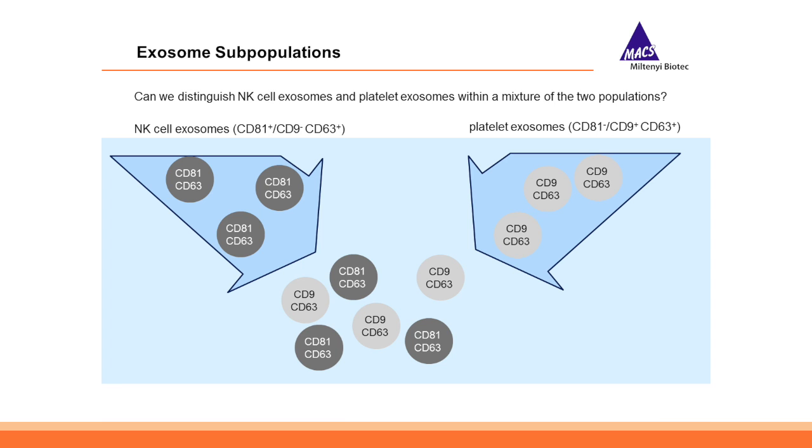But we realized that this might be a nice chance to investigate different subpopulations of exosomes. So what would happen if we would mix these two exosomes? Can we then discriminate the two populations in our analysis? So in this case, we used NK cell exosomes, which are CD81 positive, and platelet exosomes, which are CD81 negative but CD9 positive, and mixed them together.